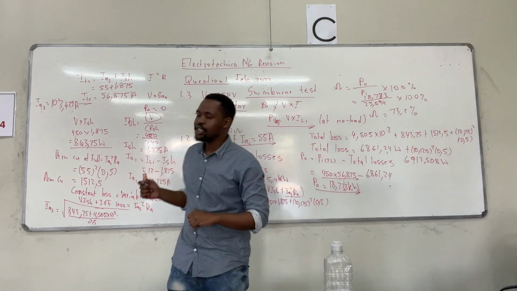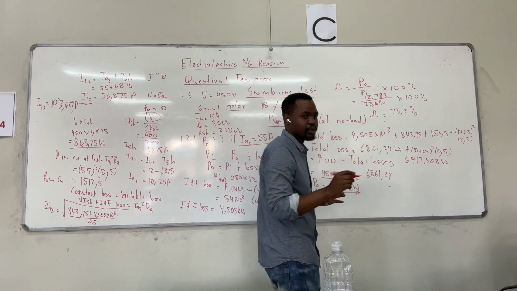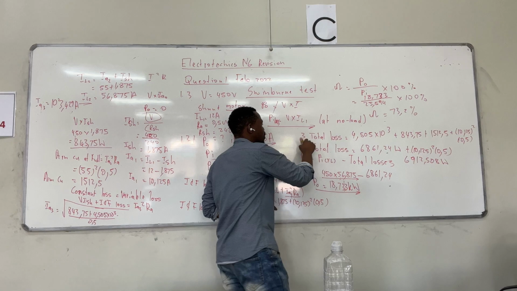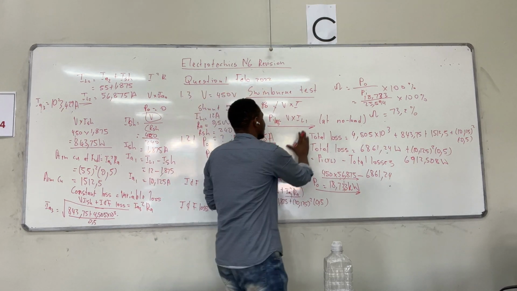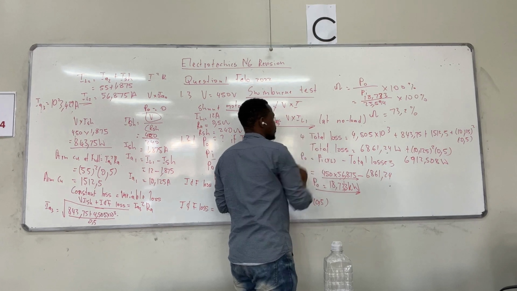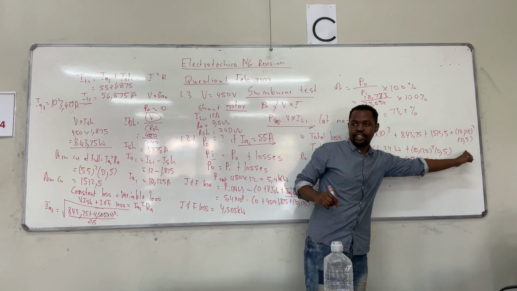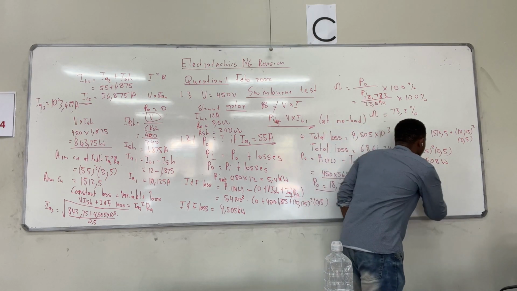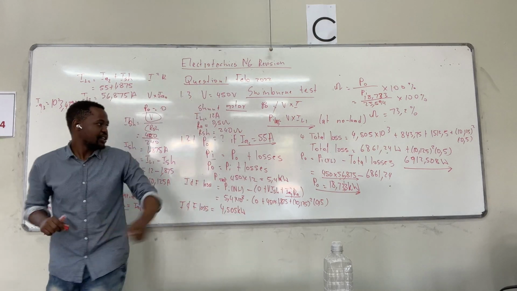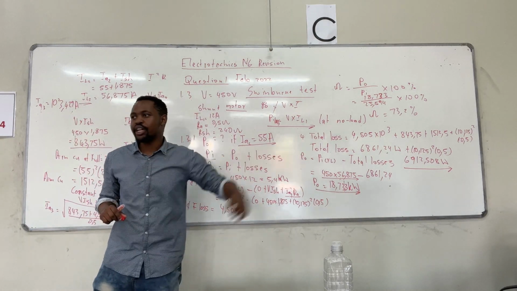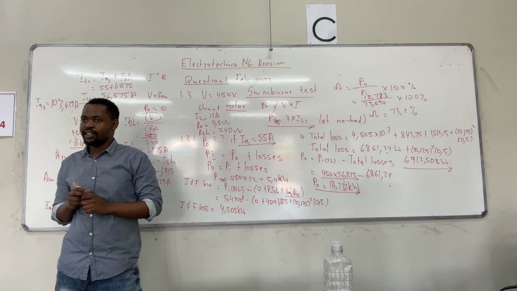But when the textbook accounts for total losses, it only accounts for 3, whereby it should be accounting for 4, including the armature copper loss at no load. So guys, please go and include that, and you will see the values are similar and the difference.